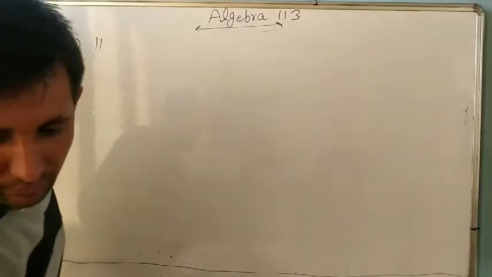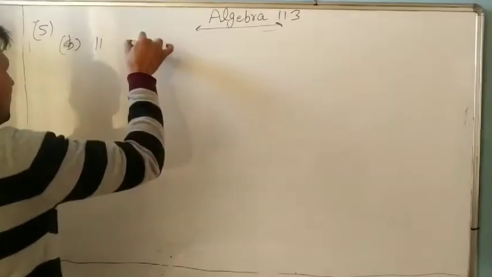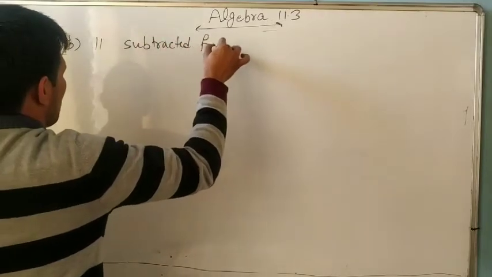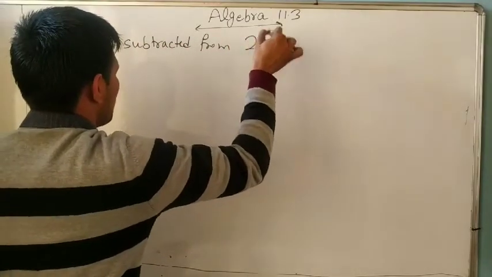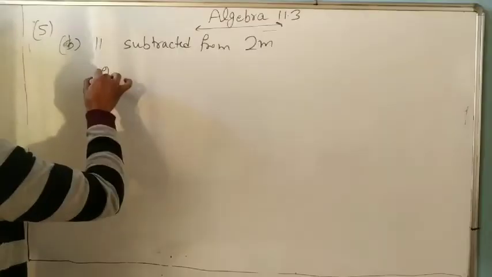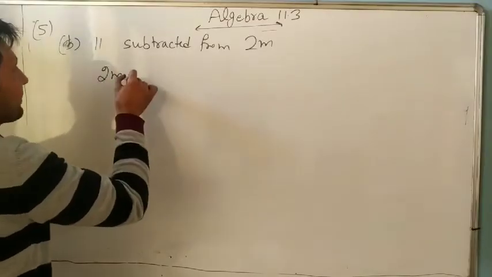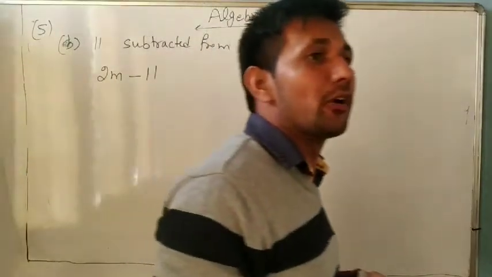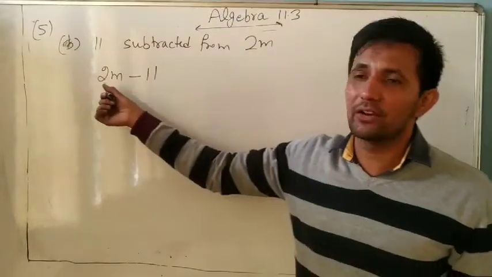Okay. 11 subtracted from 2m. So 11 is subtracted from 2m. So 2m we will write first, and how much is subtracted? Subtract means minus. So 2m minus 11. Is it an expression or not? Yes, expression. We cannot solve it.